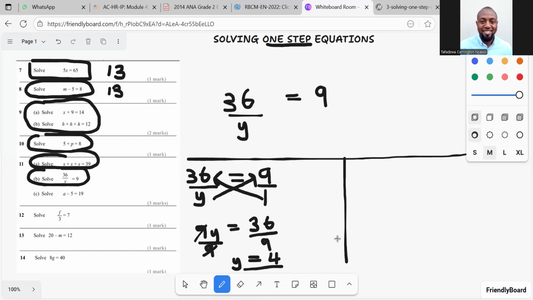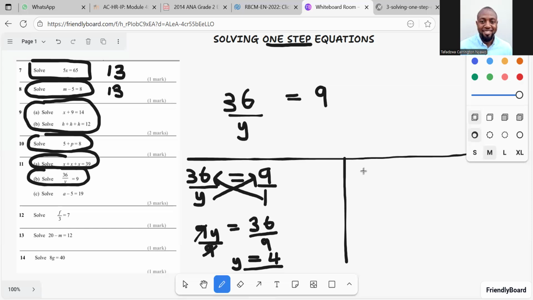Simple. So we call this cross multiplication.